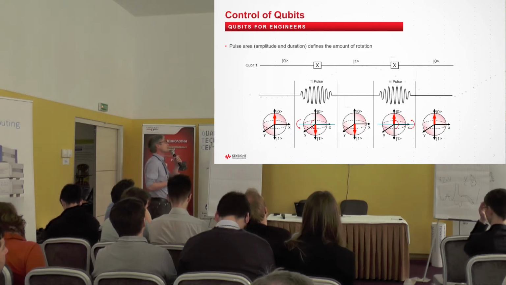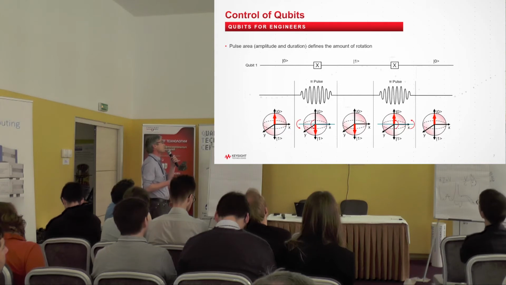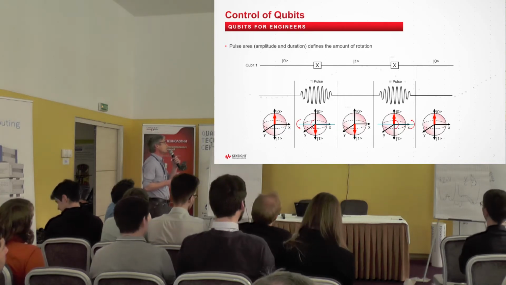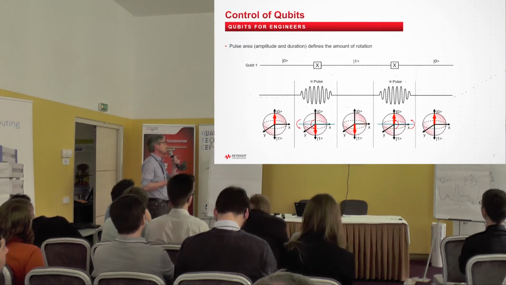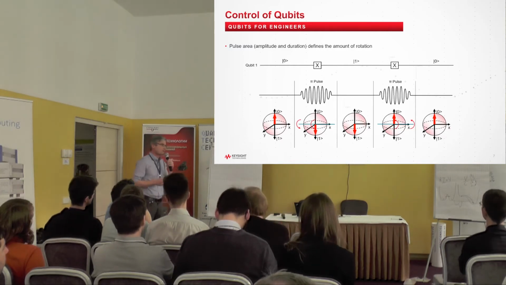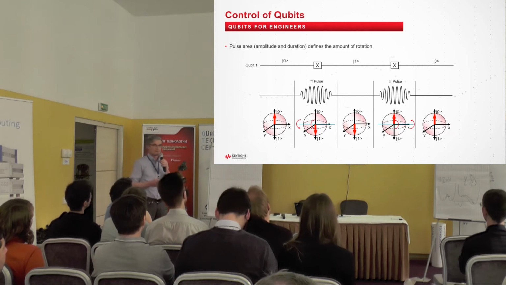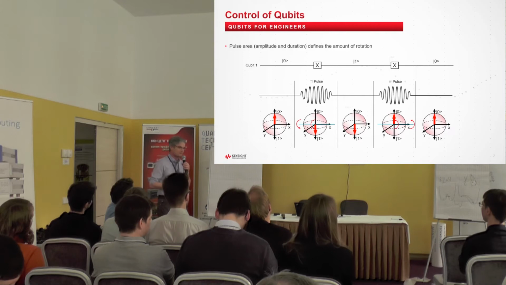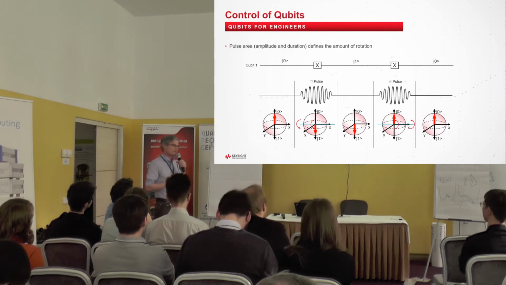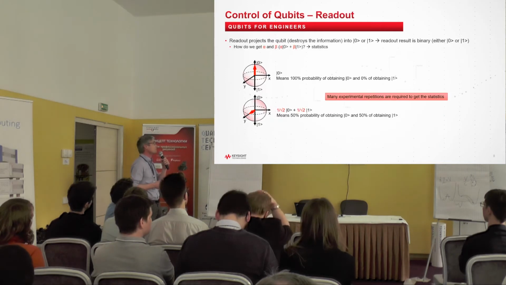You need to calibrate the amplitude and duration of the pulse to make sure it rotates your vector exactly 180 degrees. This is maybe one of the first problems solved by experimental physicists in the qubit area.